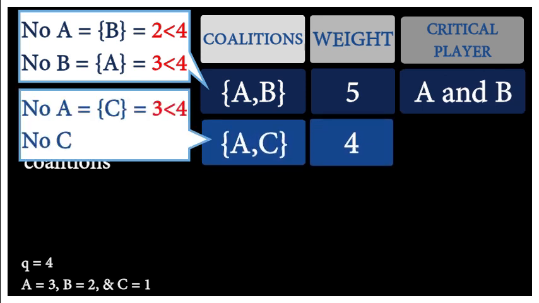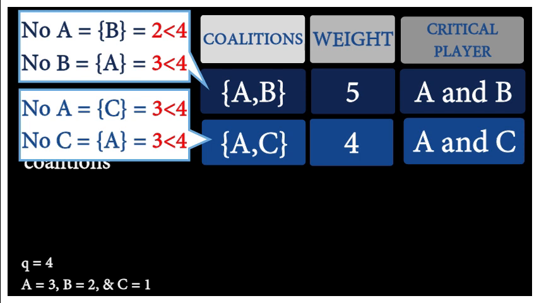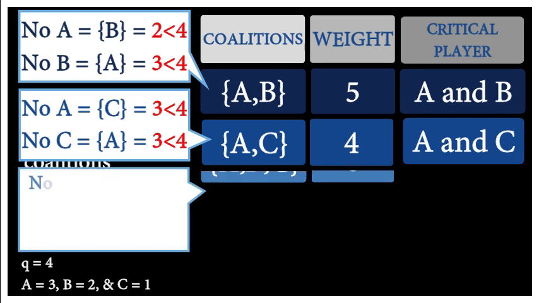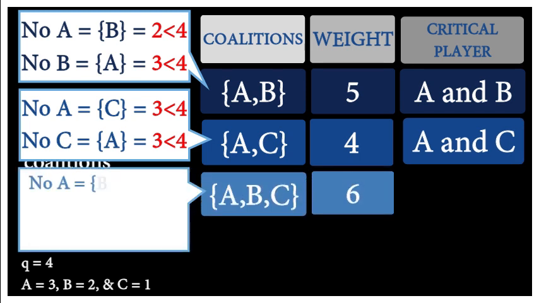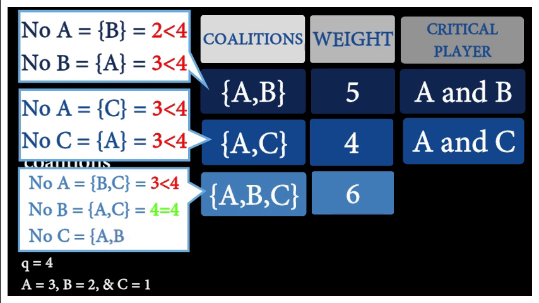The same is true for coalition AC. However, notice that for the grand coalition, if we remove A, we are left with coalition BC, which is a losing coalition. So, A is a critical player. However, if we remove either B or C, we will still have a winning coalition, so they are not critical players.